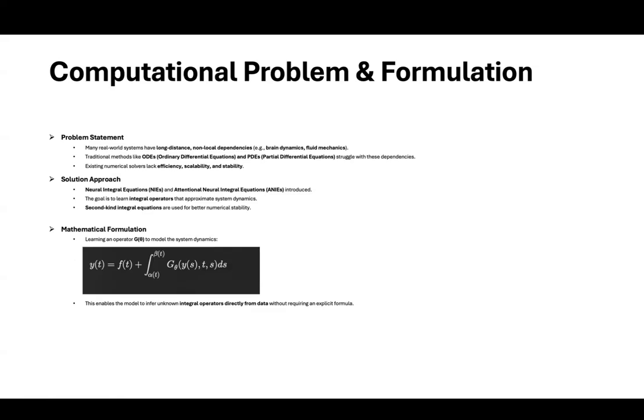In many scientific fields like physics, fluid mechanics, maybe brain dynamics, systems exhibit long-distance and non-local dependencies. When I talk about non-local dependencies, let me give an example of a graph.